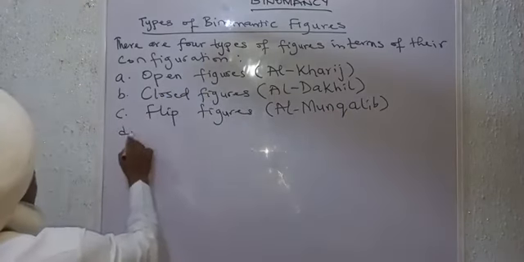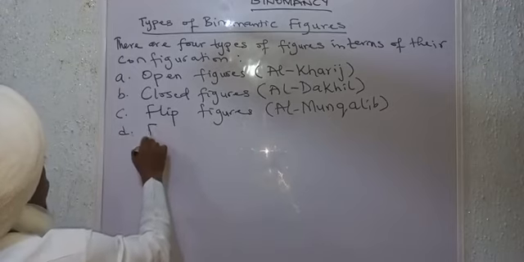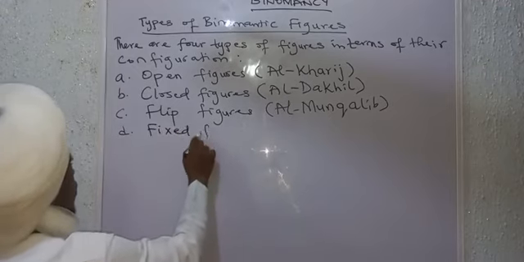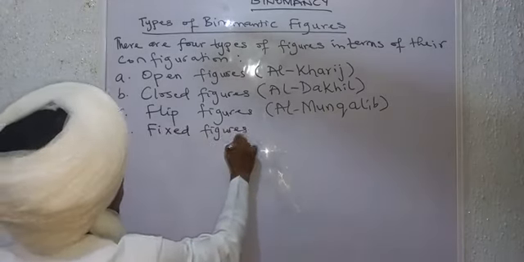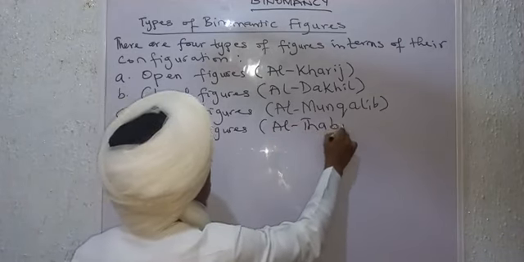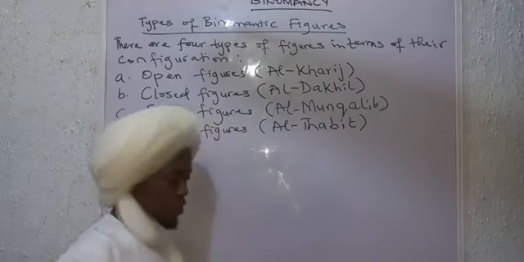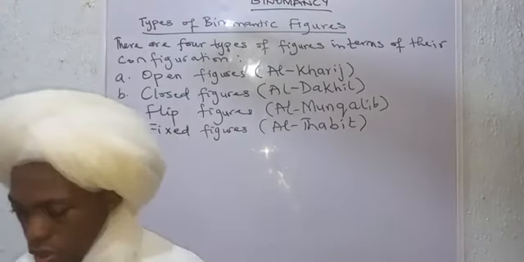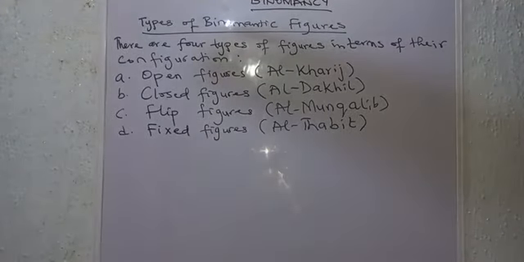And lastly, we have the fixed figures. In Arabic, ath-thabit. These are the 4 categories of binomantic figures in terms of their configuration.